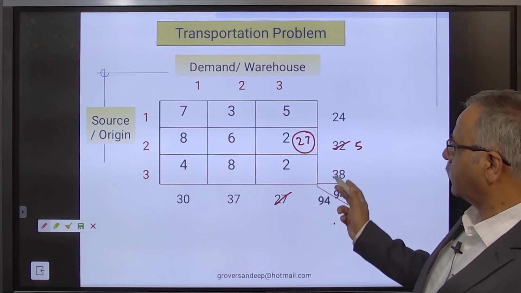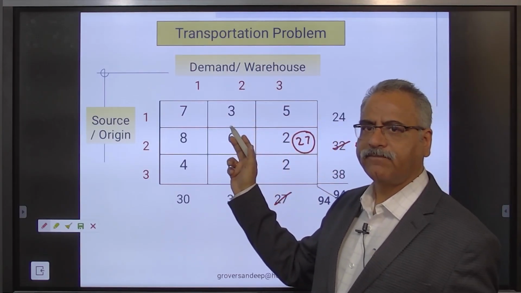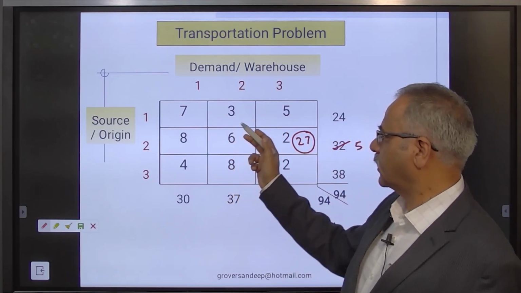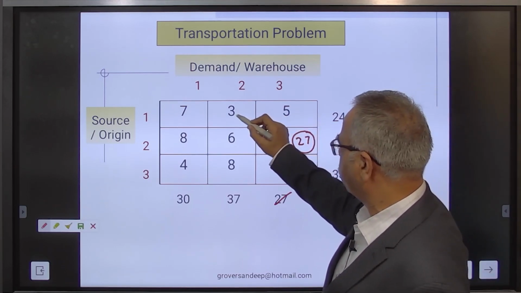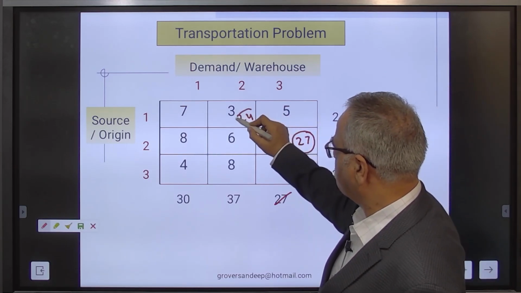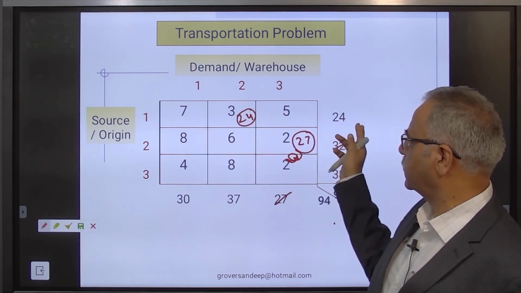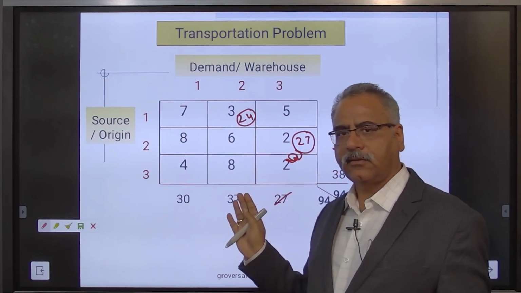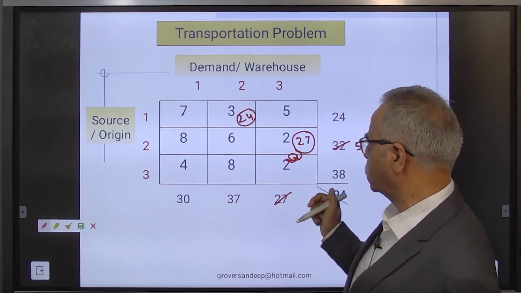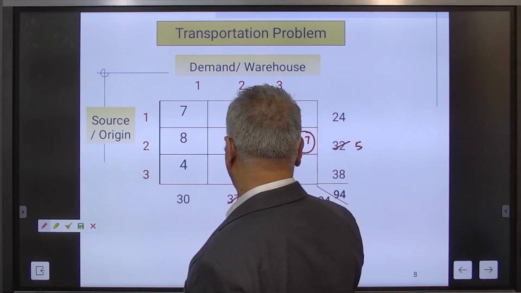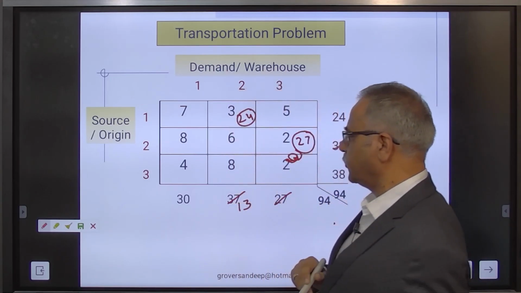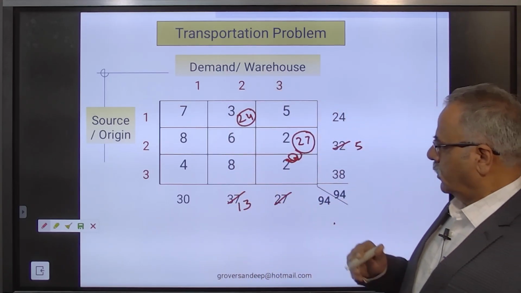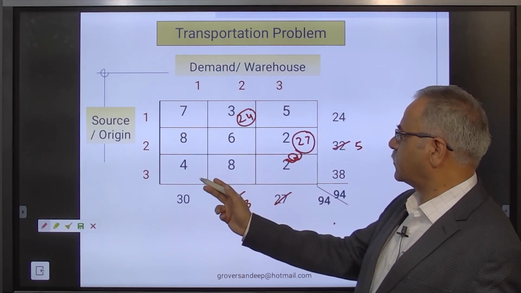Okay. Next higher cost. So, now in this 2 you cannot allocate any more because this is already exhausted. So, the next higher cost in this is 3. Okay. So, in this the maximum allocation that can be done is 24, because the capacity of origin is 24 and you cannot allocate more than the capacity of warehouse, sorry, capacity of origin. So, here you are left with 13 units, fine. Move on to the next higher cost, which is 4 over here.